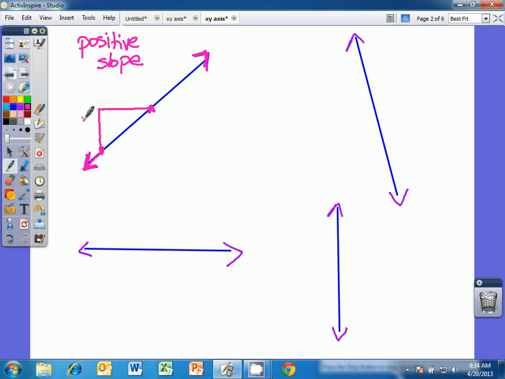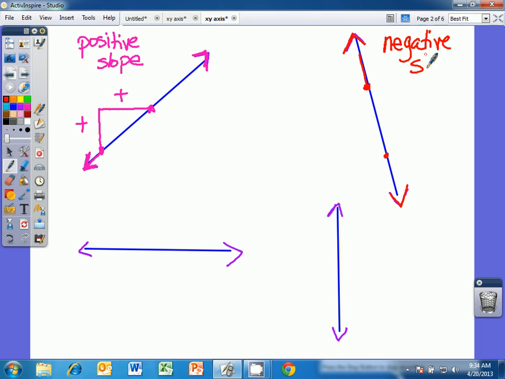So a positive over a positive is a positive slope. This line, on the other hand, if we go from left to right, we're reading down. If I walk from point to point, we're going to find this type of line has a negative slope.